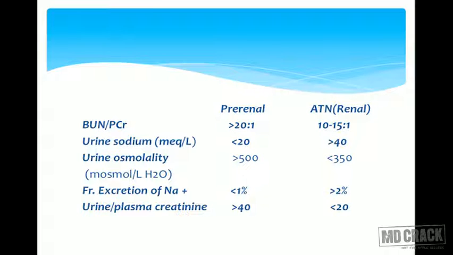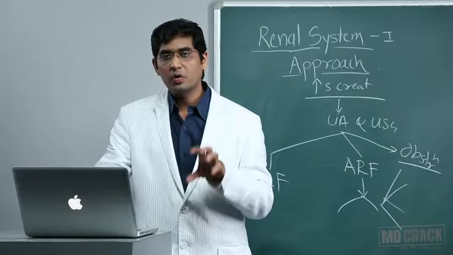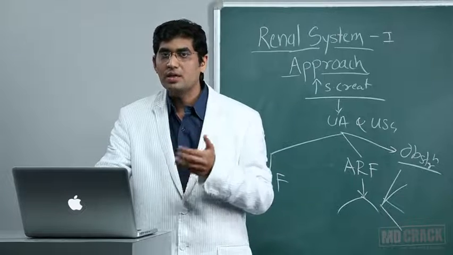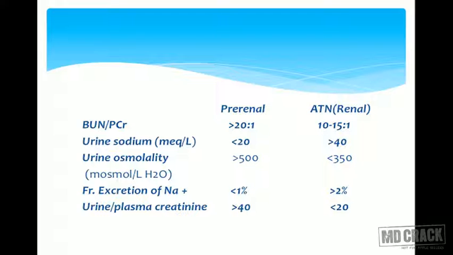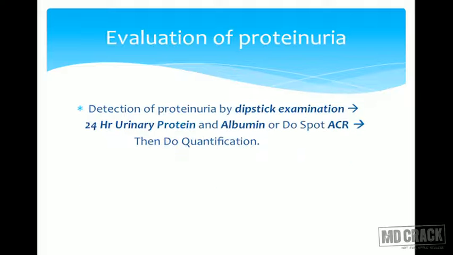Urine osmolality, as kidney tries to conserve water, so osmolality in pre-renal failure will be more. Osmolality of pre-renal will be more than 500, and it will be less than 350 milliosmoles per liter of water in renal. And the last one is the ratio of urine creatinine and plasma creatinine, and that will be more than 40 in case of pre-renal, and less than 20 in case of renal type of acute renal failure.